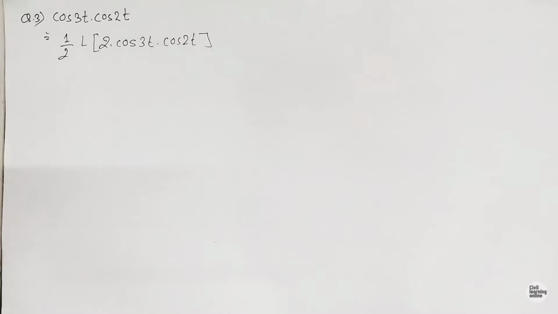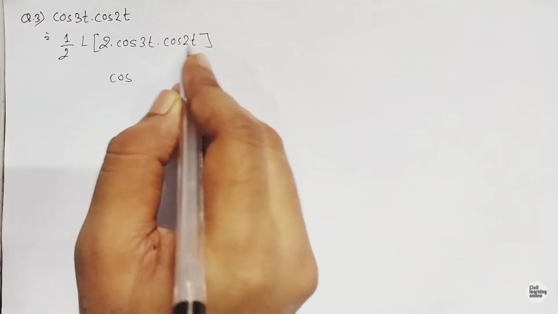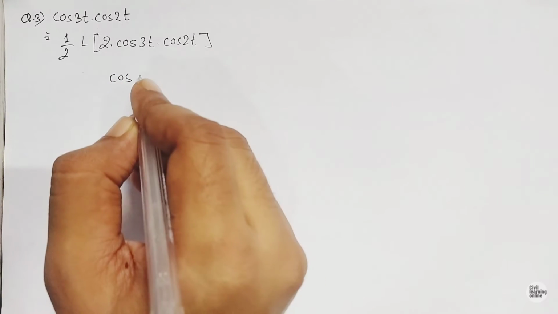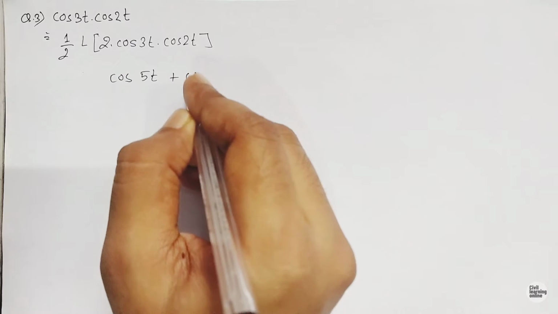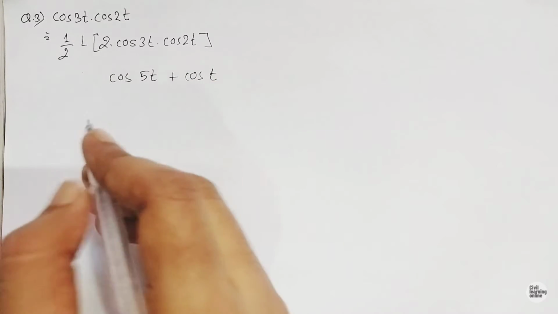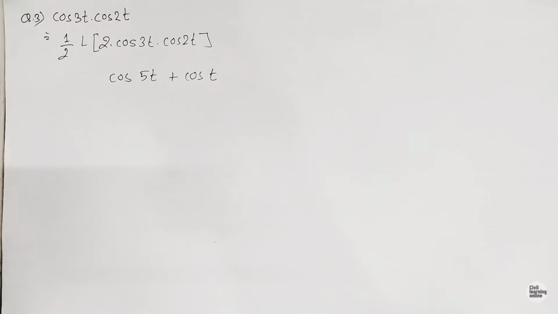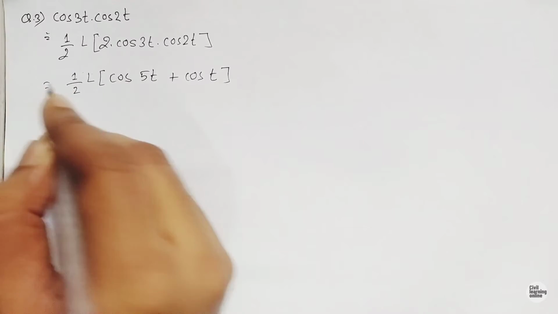2 times cos A into cos B equals cos A plus B, meaning 3t plus 2t is 5t, plus cos A minus B, meaning 3t minus 2t is t, and Laplace transformation of this, and 1 by 2.